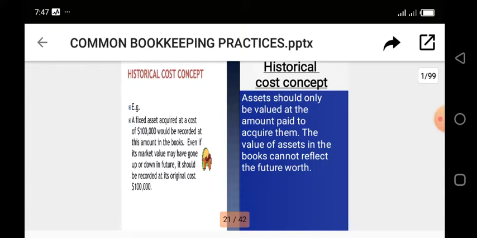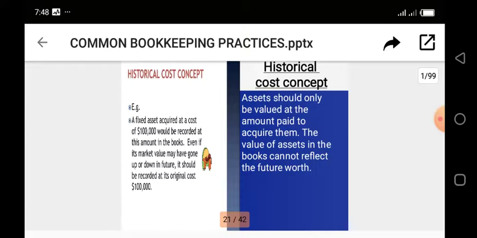Assets should only be valued at the amount paid to acquire them. The value of an asset in the book cannot reflect the future worth of that item. You can't record the future worth of that item in your accounting book. It is the value at which you acquired that commodity that should be recorded.